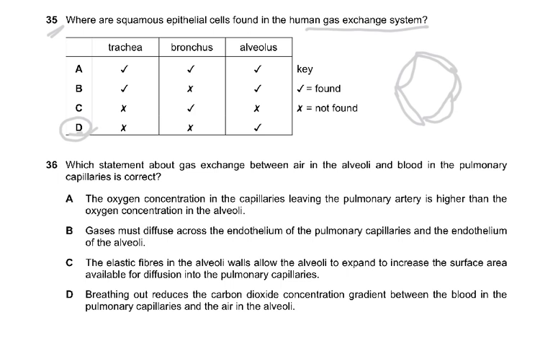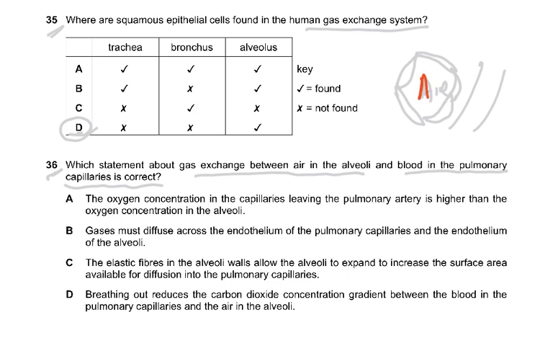Question number 36. Which statement about gas exchange between air in the alveoli and blood in the pulmonary capillaries is correct? So, we are comparing the air in the alveoli and the blood in the pulmonary capillaries outside.